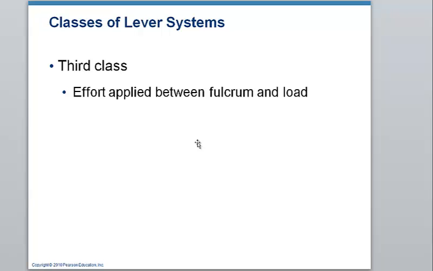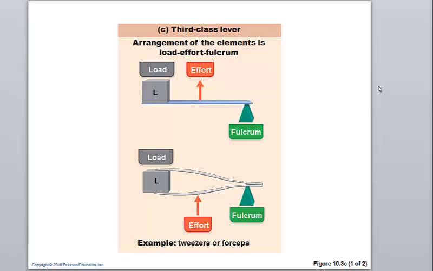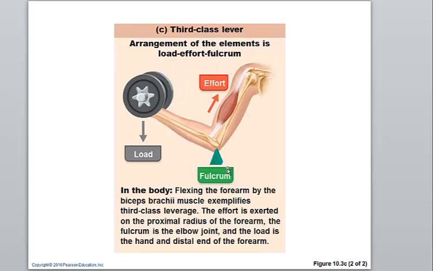The next type of lever system we have is a third class lever system, where the fulcrum is again at the end, but the effort is in the center and the load is at the end, instead of the second class system where the load was in the center. Now you have the load at the other end. An example will be your tweezers, when you're lifting something with the tweezers.